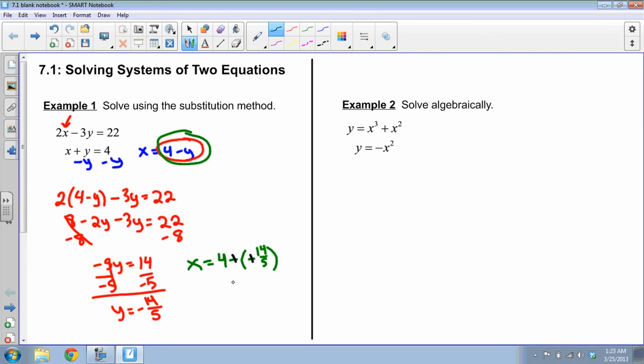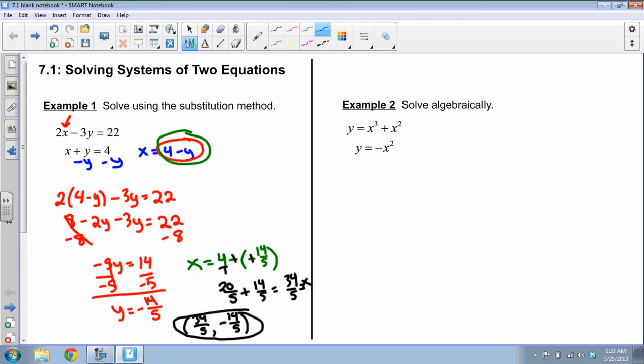With a common denominator, 4 over 1 becomes 20 fifths, plus 14 fifths, which is 34 fifths. And that's what x equals. Normally we write these answers as a point, x comma y, so 34 fifths comma negative 14 fifths.